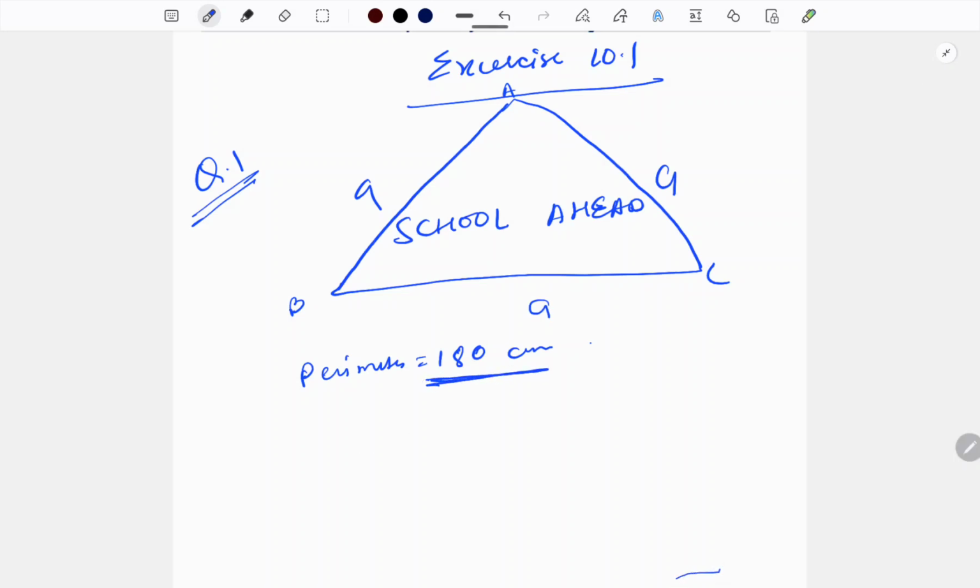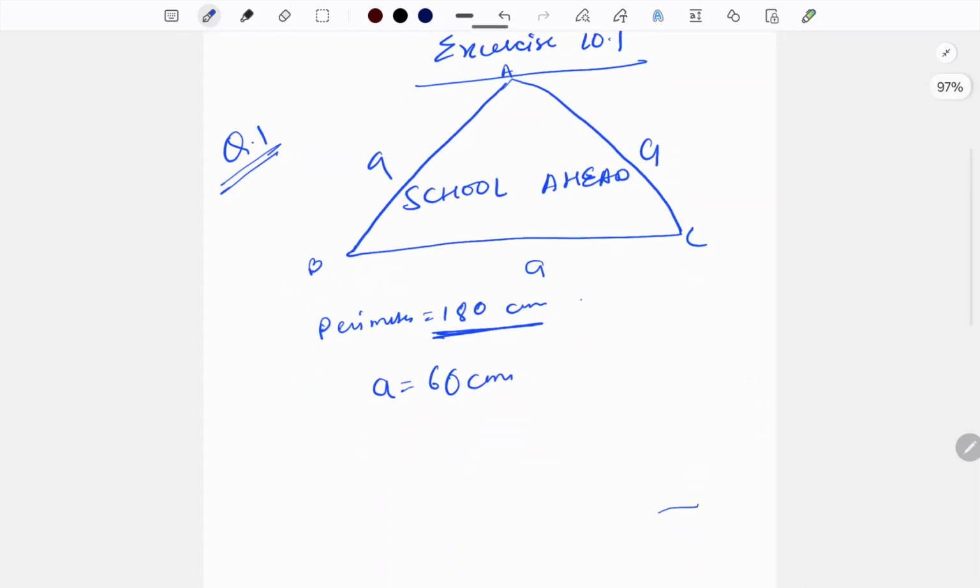The perimeter is 180 centimeter, that is known, and a will be 180 by 3, since all sides are equal, so it will be 60 centimeter. What will be s here? s will be 3 times a by 2, right?